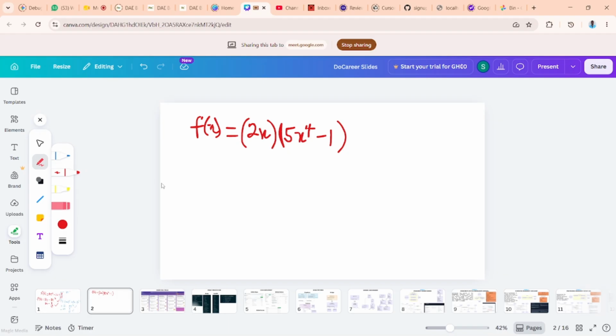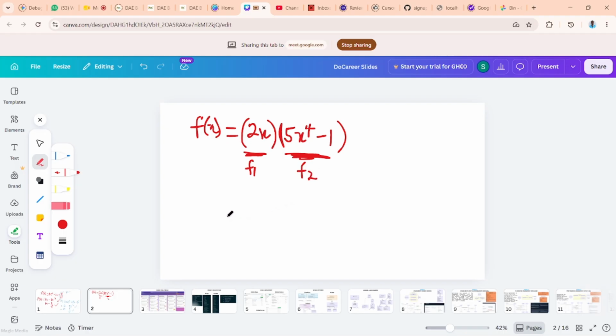To do the product rule, I call it do me, I do you. There are two functions multiplying. This is one expression of a function multiplying another expression of another function. Let me call them function 1 and function 2.